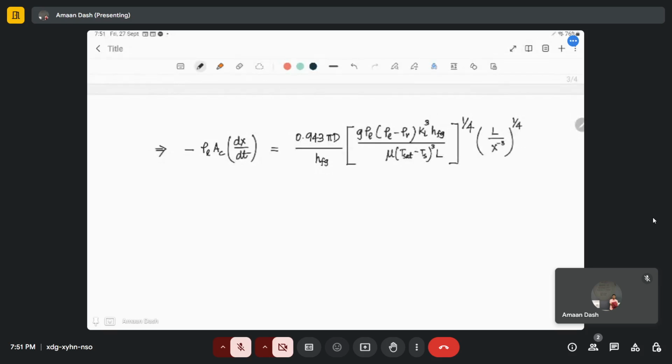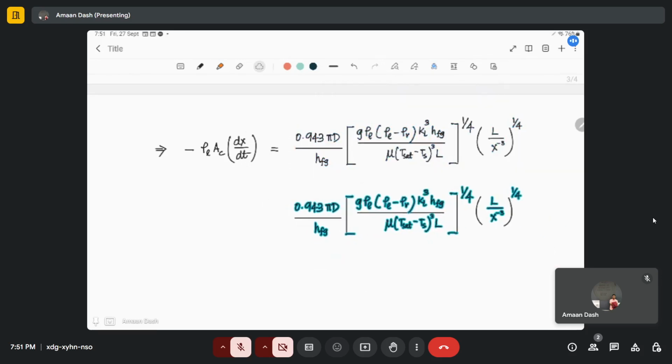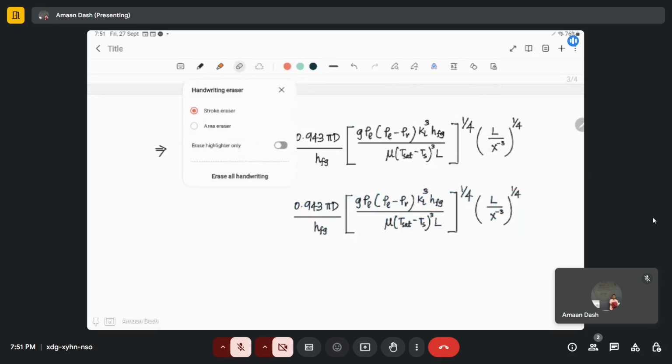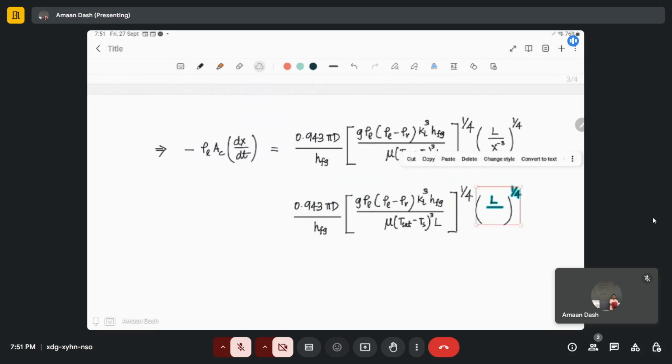So let me write it. So here this will go out, and here only L will be there. So we can write L to the power of 1 by 4.